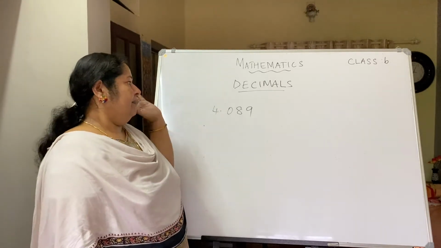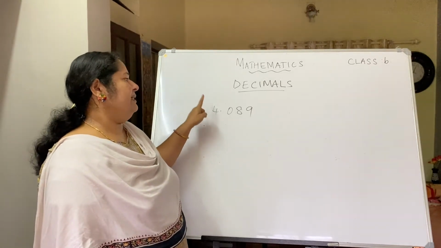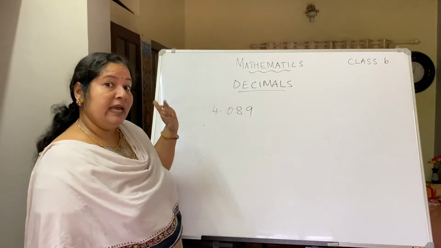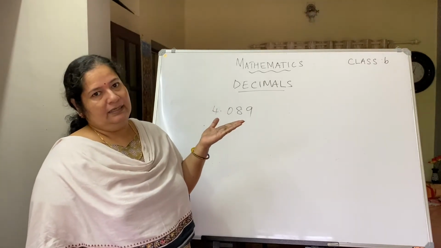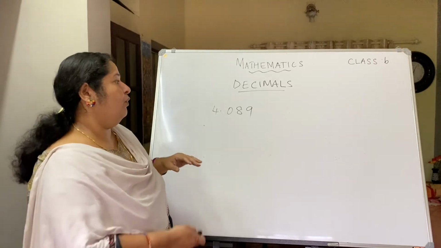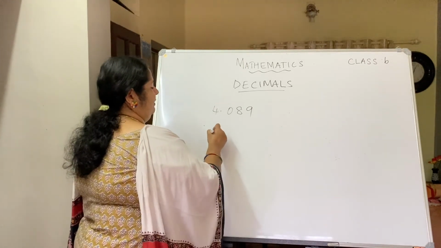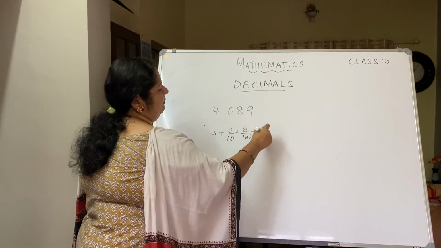And you read this as 4 ones plus 0 tenths plus 8 hundredths plus 9 thousandths. Or with the values, you will write it as 4 plus 0 by 10 plus 8 by 100 plus 9 by 1000.